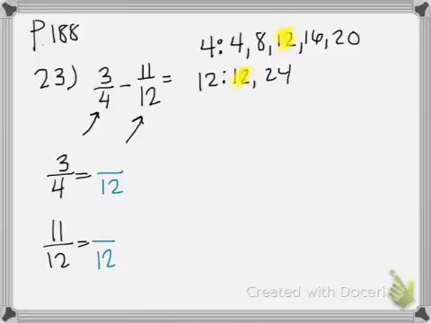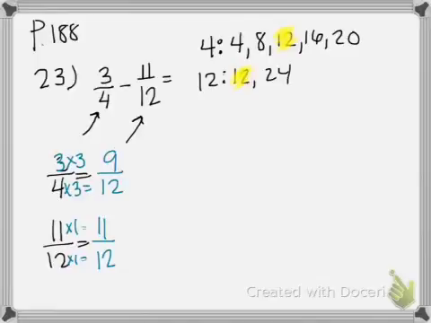A lot of you can tell already that this second fraction is not going to change. So 4 times 3 equals 12, therefore 3 times 3, that's a terrible multiplication sign, so 3 times 3 equals 9, and 12 times 1 equals 12, so 11 times 1 equals 11. That does not change since our denominator was already 12.